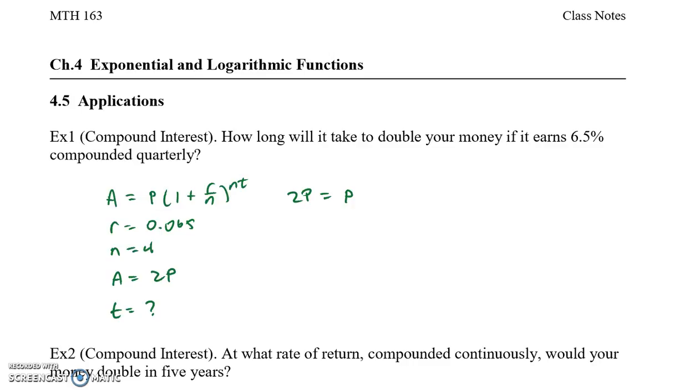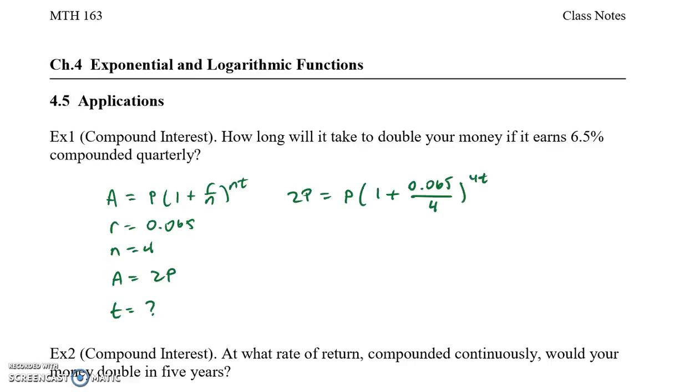You could, if you wanted to, use P equals $1. That would be a simple way to deal with this problem, but you don't have to. And then we would have 1 plus 0.065 over 4, and then raised to the 4 times t power.